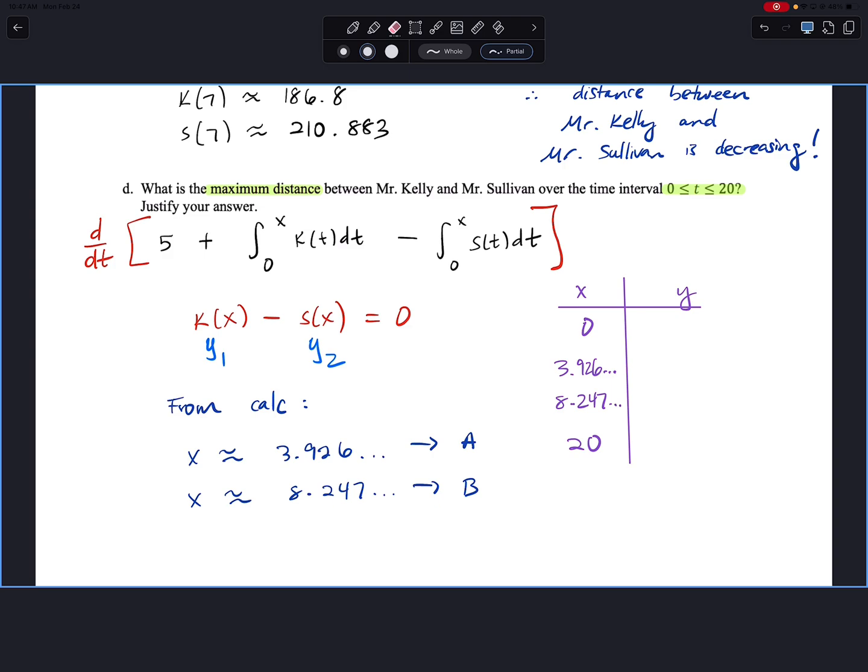So this is how you're gonna do it. Do you guys agree that this value right here is Y1? This value right here is Y2. So in Y4, I'm gonna type 5 plus math 9, the integral from 0 to x of Y1 dx minus the integral from 0 to x of Y2 dx.